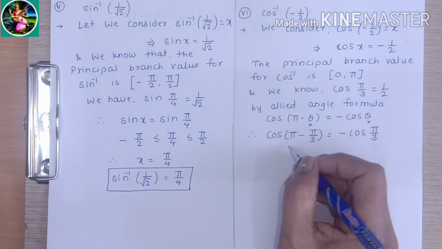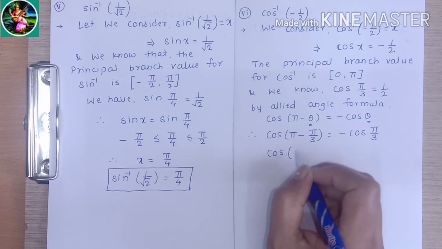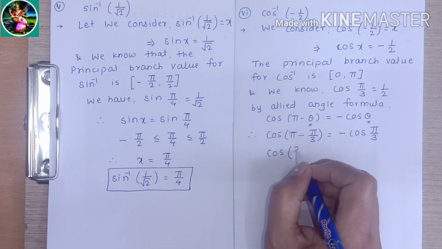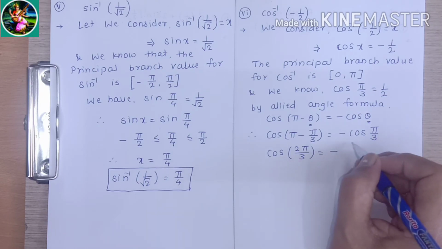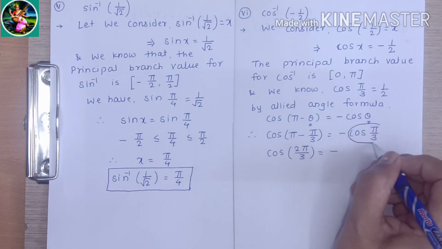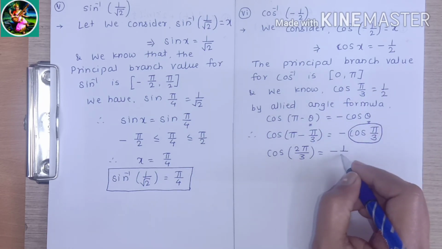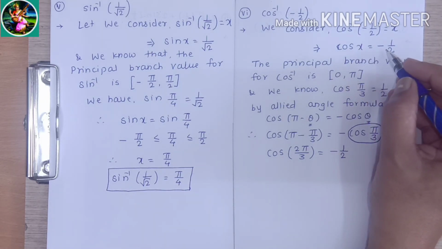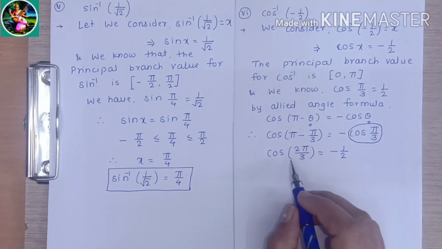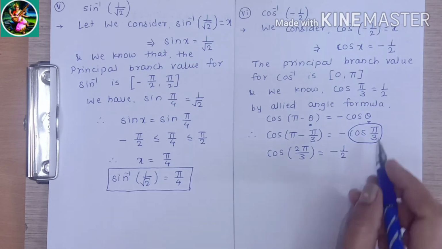If we take the cross product, here we get cos of 3 pi minus pi, that is 2 pi by 3, is equal to minus of. Here we have to substitute the value for cos pi by 3, which is 1 upon 2. Therefore, here we write minus 1 upon 2. Now the equations have that cos x is equal to minus 1 upon 2, and here cos of 2 pi by 3 is equal to minus 1 upon 2.